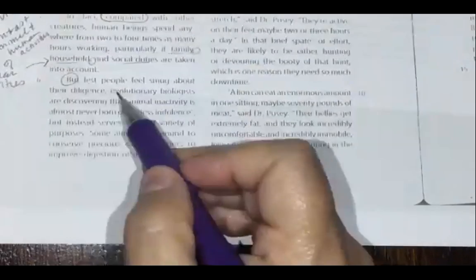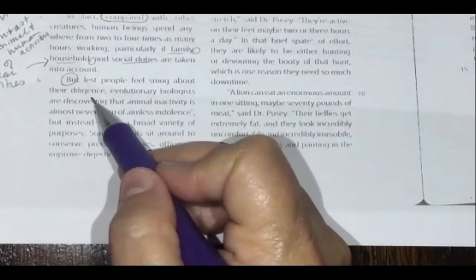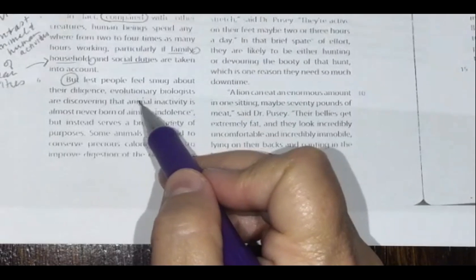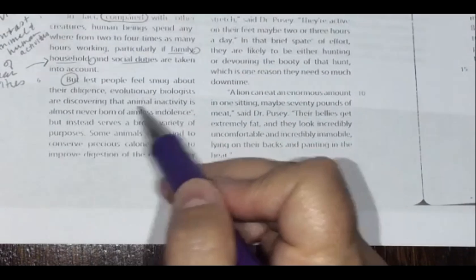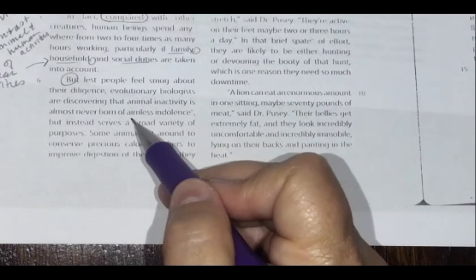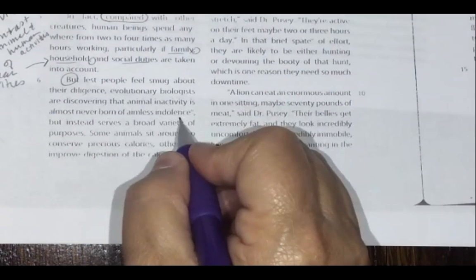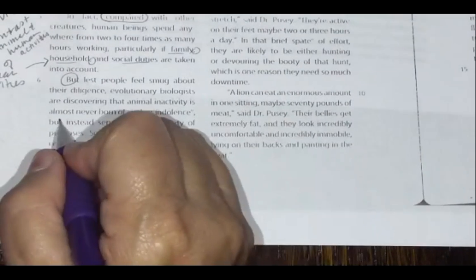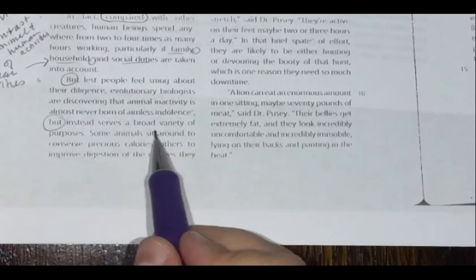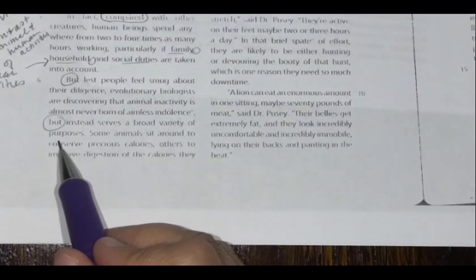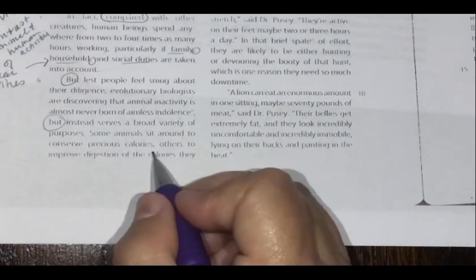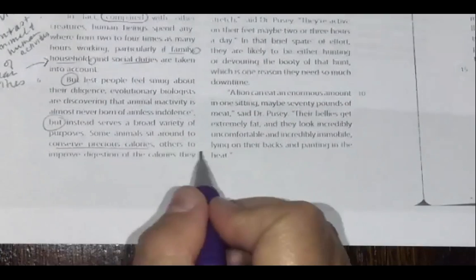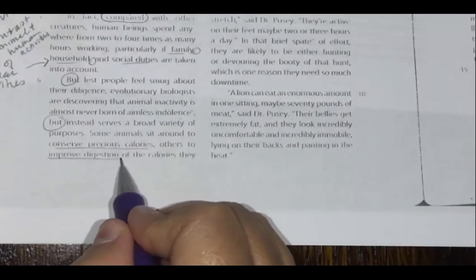But lest people feel smug about their diligence, evolutionary biologists are discovering that animals' inactivity is almost never born of aimless indolence, and indolence just means laziness, but instead serves a broad variety of purposes. Some animals sit around to conserve precious calories, others to improve digestion of the calories that they have consumed.